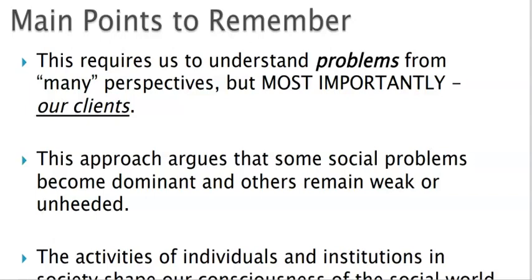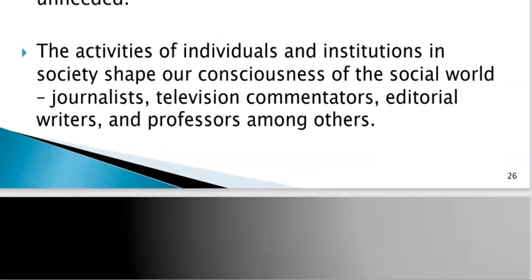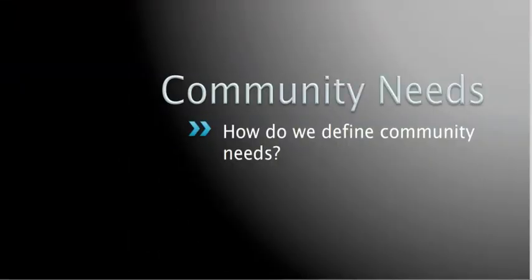This approach argues that some social problems become dominant and others remain weak or unheeded, and the activities of individuals and institutions in society shape our consciousness of the social world. Journalists, television commentators, editorial writers, and professors, among others, can shape how we view individuals, organizations, and communities in our society by just a very few words.